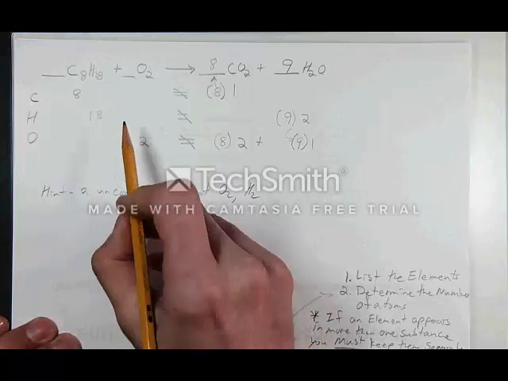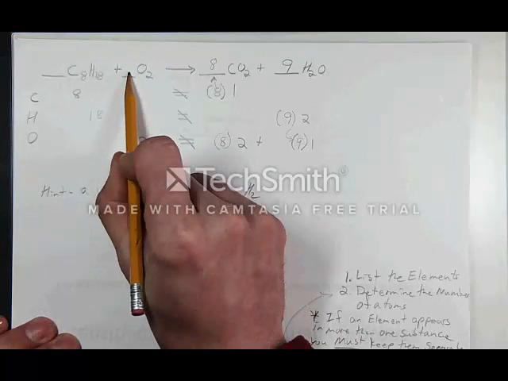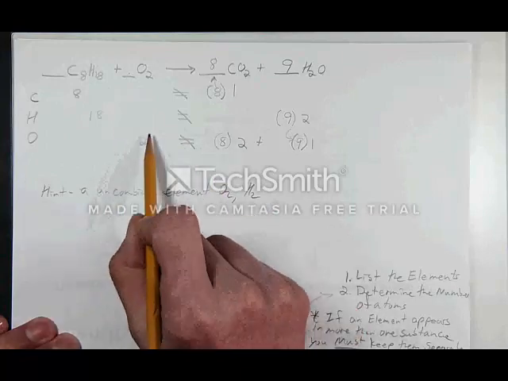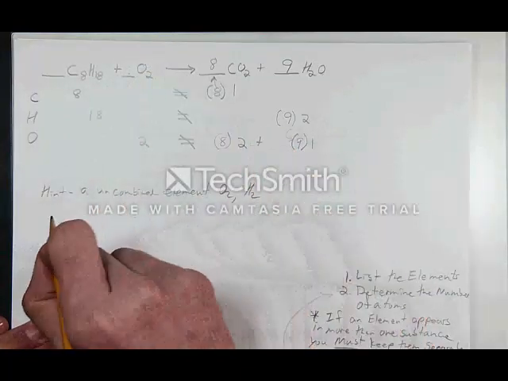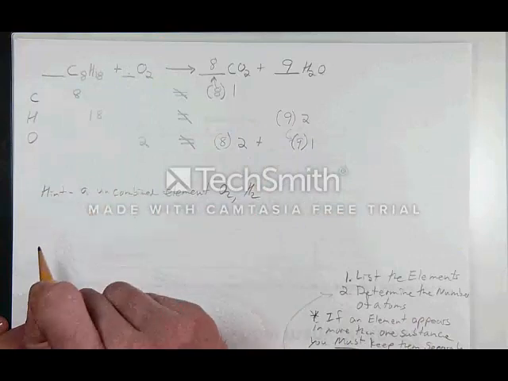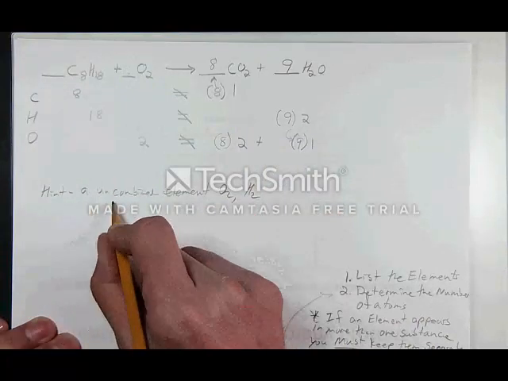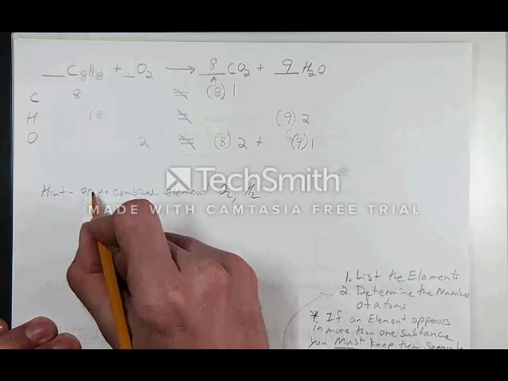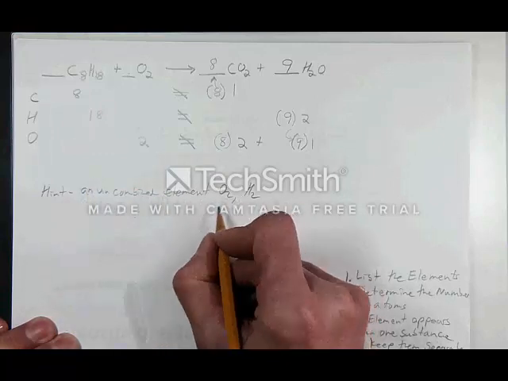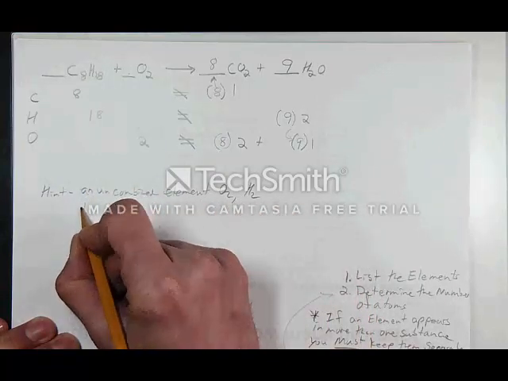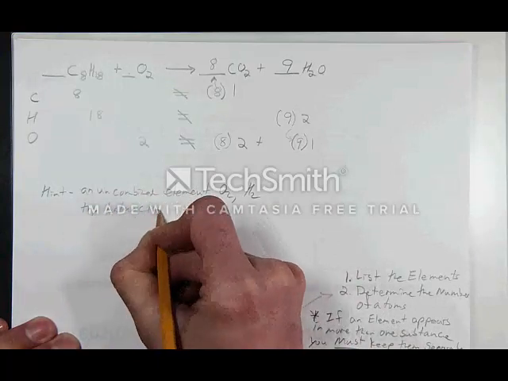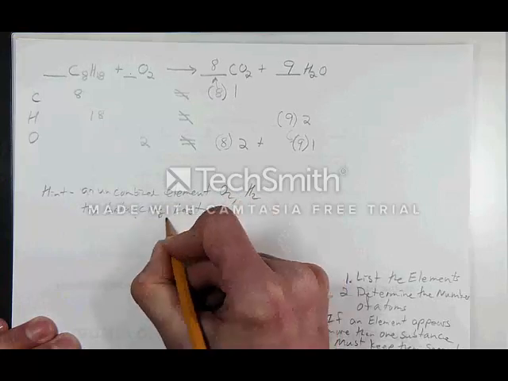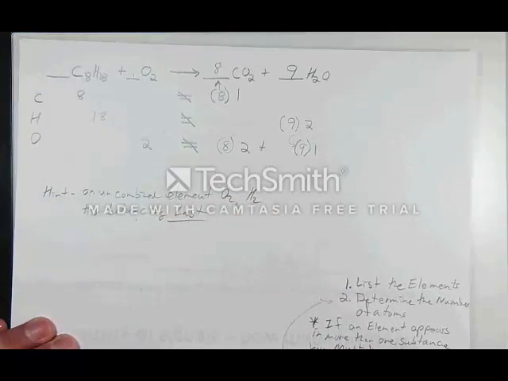And the reason for that is, if I apply a coefficient now to this oxygen, it's not going to affect any other compounds here because it's all by itself. And I should say, an uncombined element such as oxygen or H2, try balancing last. It just makes life a little bit easier. Okay.